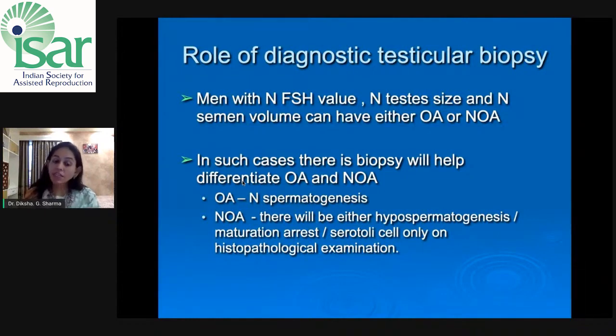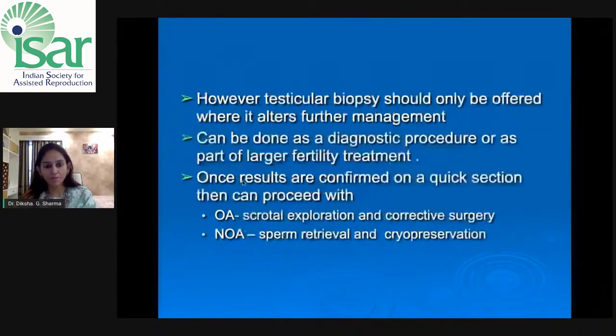When we do a biopsy in cases of obstructive azoospermia, usually the histopathology will show normal spermatogenesis, whereas in cases of non-obstructive azoospermia, usually either hypospermatogenesis, a maturation arrest, or Sertoli cell only syndrome will be seen on histopathological examination.